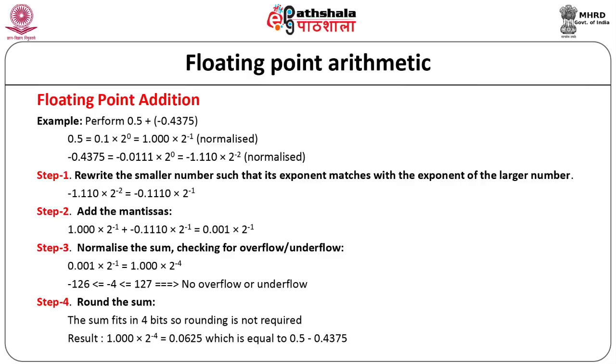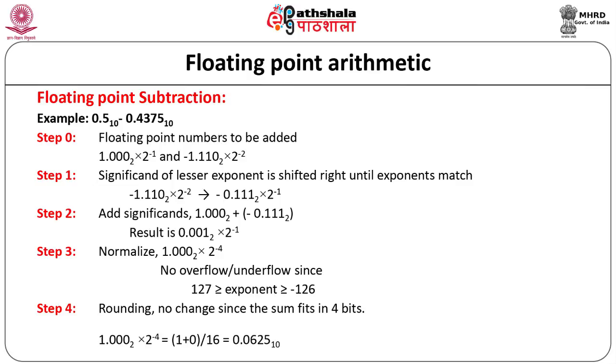Step number 2, add the mantissas. Step number 3, normalize the sum and check for overflow or underflow. And last step, round the sum. So, this is about floating point addition.